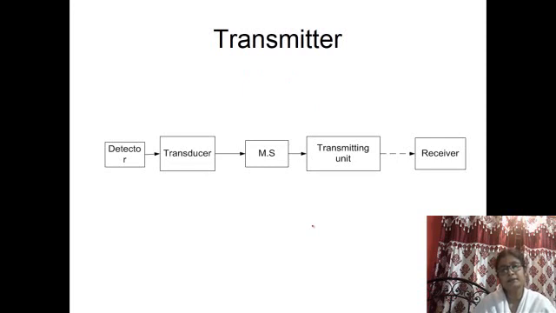Now there is a major important role of a device called a transmitter, which transmits the signal from the process to the controller, and the control action signal is again sent to the final control element so that the energy adjustment can be done. So this transmitter basically transmits the signal from the measuring unit to the receiver end.